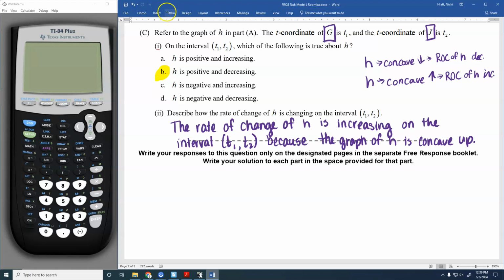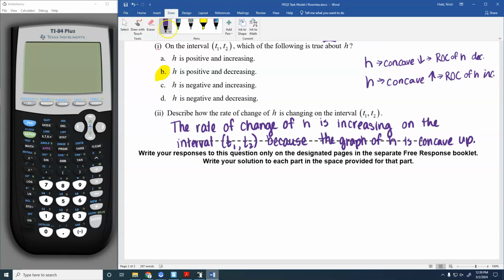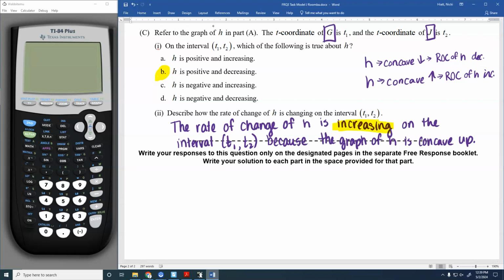So really, you could almost make this like a fill-in-the-blank kind of answer, right? All we're thinking about is this word right here can be increasing or decreasing, and these words right here can be concave up or concave down for that. Of course, you can word it differently if you would like, but if you like a formula for something, this will work every time. Okay, everybody good there?